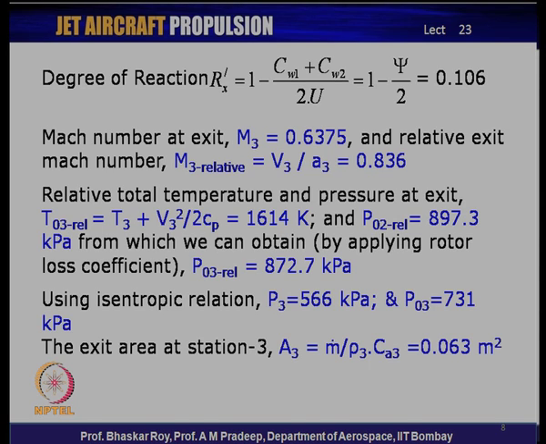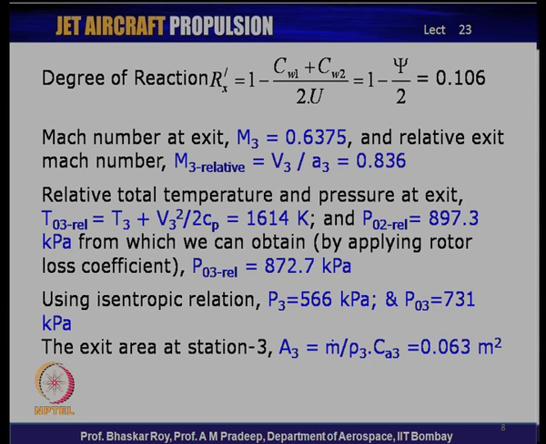Correspondingly, now we can find the exit area at station 3, and this exit area is A3 equal to, again using the continuity condition and using m dot which is constant across the stage, the local density rho 3 and CA3, the local actual velocity. If we apply all those, we get at station 3 the area is equal to 0.63.